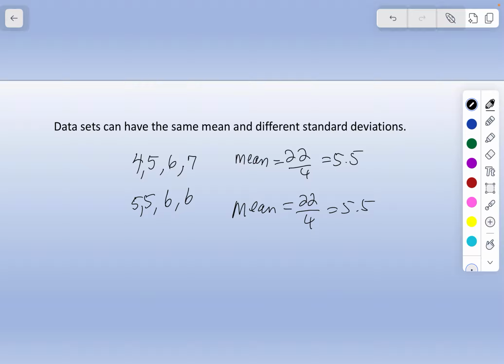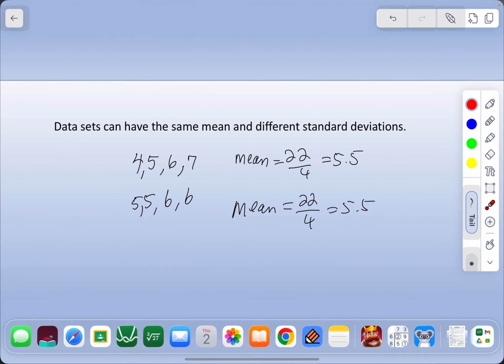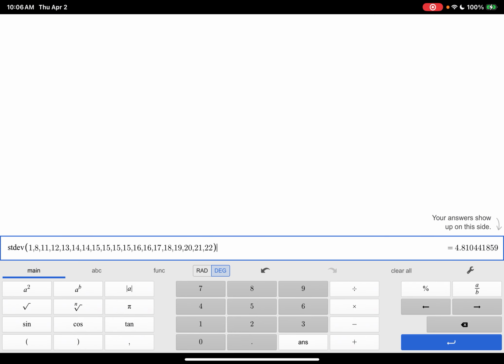Now, if we go and look at the spread, how far away from the average is it spread? This standard deviation, they are deviated or separated from an average of 5.5 a little more than this. So this should have a higher standard deviation than this. Well, let's check. If we go back to our standard deviation, sorry about that.